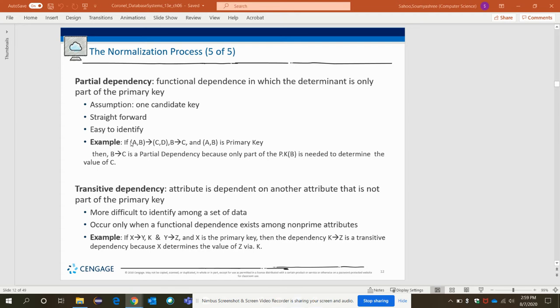So what does it mean? Here you have to assume one candidate key, and then decide the primary key as well.